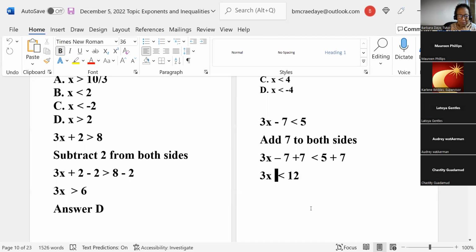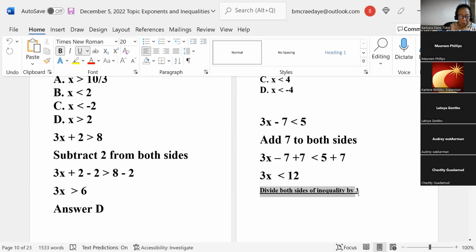You add? No. How is 3 connected to x, Audrey? Yes, multiply. 3x means 3 times x. So you divide both sides of the inequality by 3.